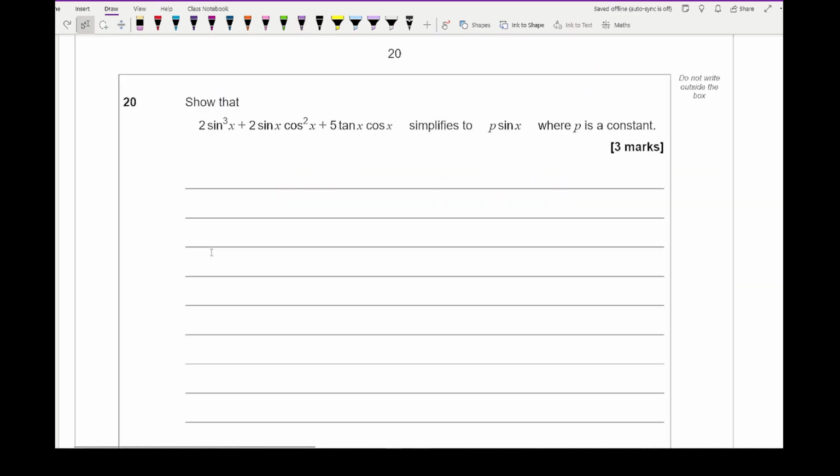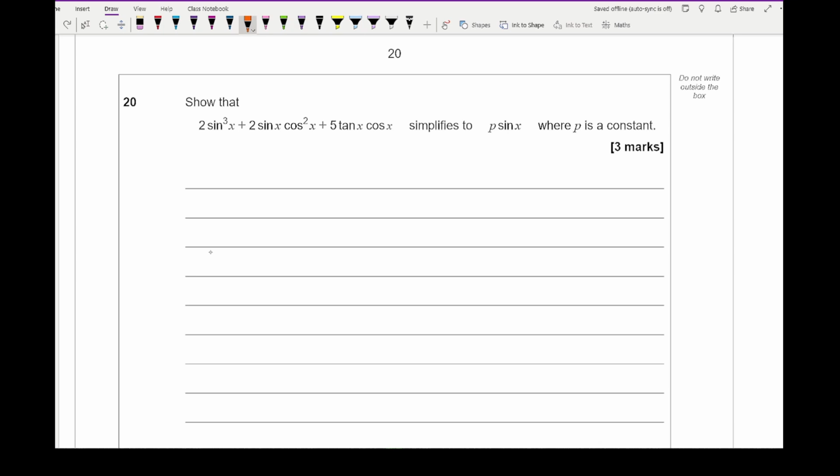Moving on to question 20, it says show that 2 sine cubed x plus 2 sine x cos squared x plus 5 tan x cos x simplifies to p sine x, where p is a constant. For this, we need to use the trig identities.